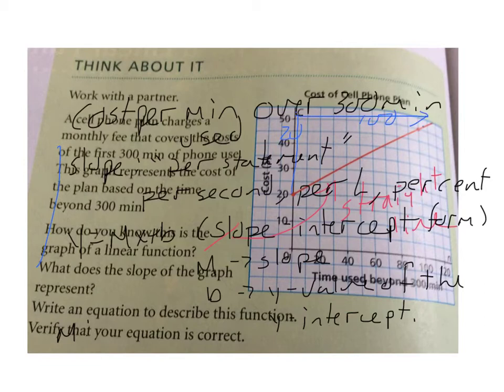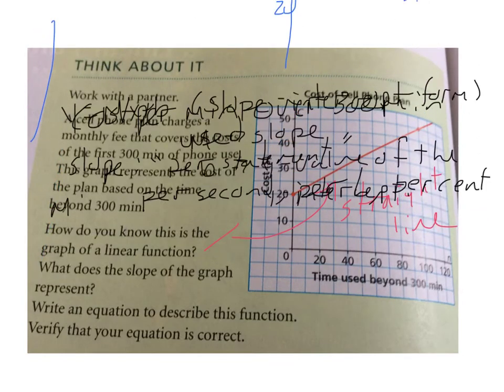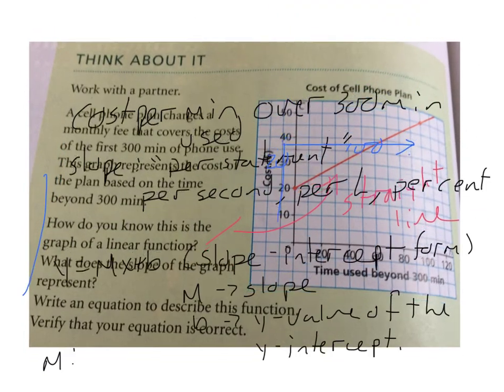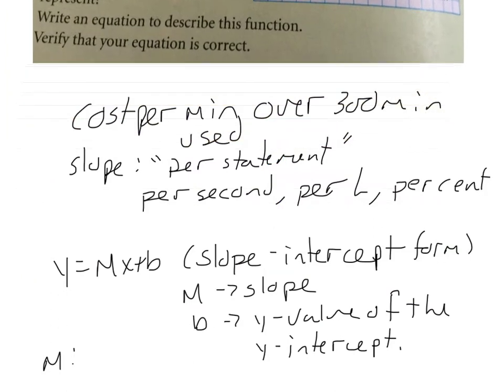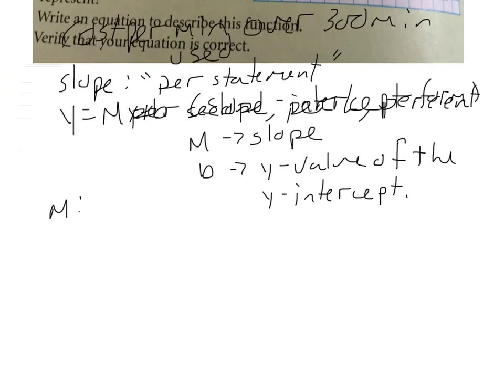What does that tell us? Some would say not much. We'll get rid of some of this. Our slope is 20 over 100, or 20 cents per minute, which is $0.2 per minute.